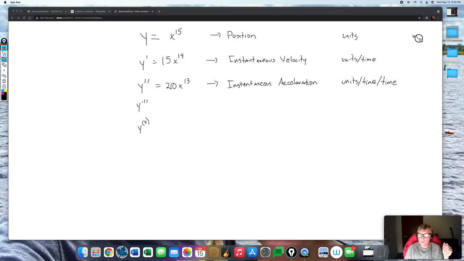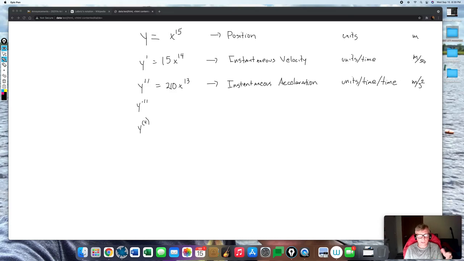So if this is meters, this would be meters per second. And then maybe if you remember your physics class from high school, this would be meters per second, or meters per second squared. And the acceleration due to gravity is like 9.8 meters per second squared, right? So that's how fast something accelerates if you just drop it with no air resistance.